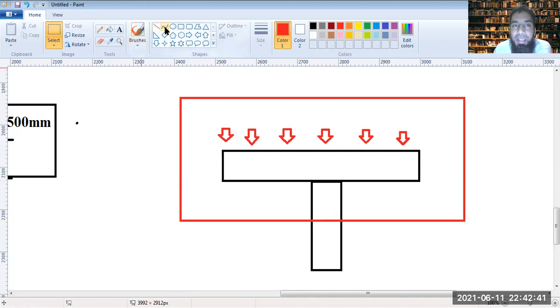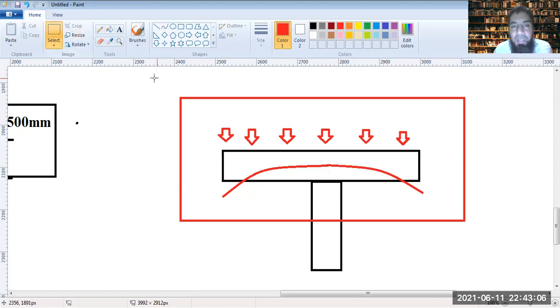Under this system, what do you expect? This is a cantilever on this side, right? And thereby the bending would be like this, and there is a cantilever on the other side, and the bending would be like this.